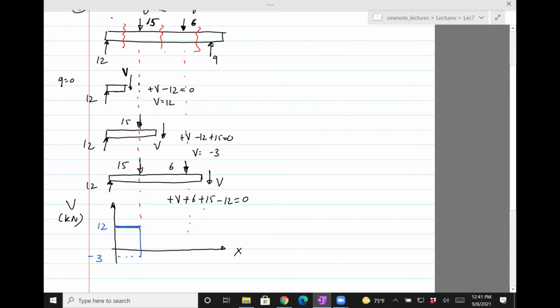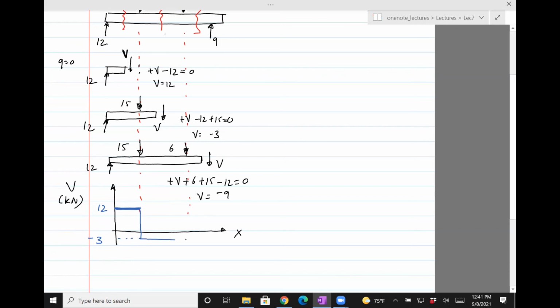If you do the math on that, 21 minus 12 is 9, and so it's positive 9. It's negative 9, sorry. Good catch. So it's minus 3 all the way here, and then it jumps to minus 9.